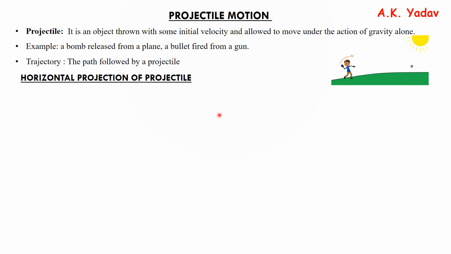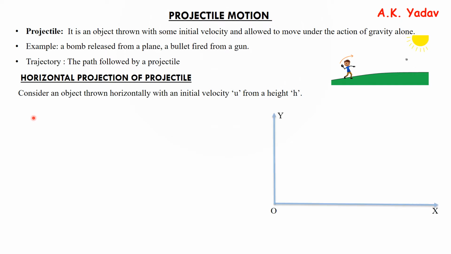Now we will study about the horizontal projection of a projectile. So consider an object thrown horizontally with an initial velocity u from a height h. So this ball is thrown with an initial velocity u from a height h.